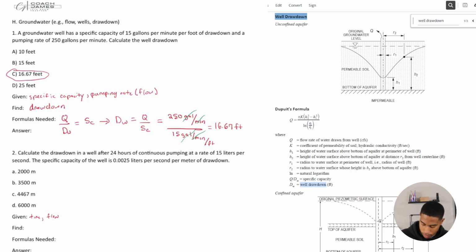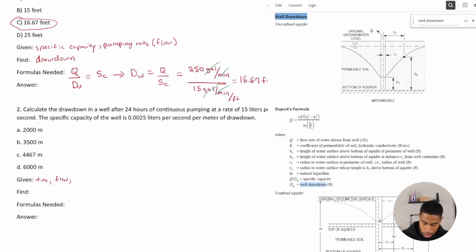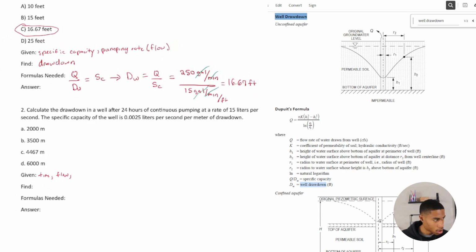And then we're also given what other information? Capacity, this specific capacity. All right, so what are we trying to find?